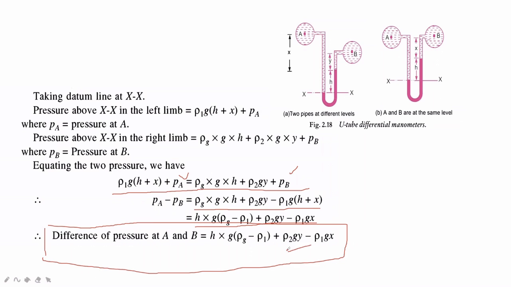This is the equation whenever they ask for the differential pressure when the two pipes are at different levels. Suppose the pipes are at the same level, let us see what happens next.